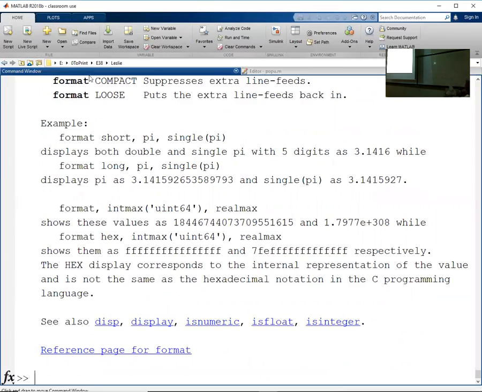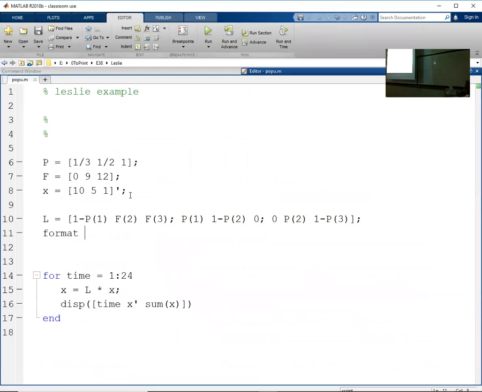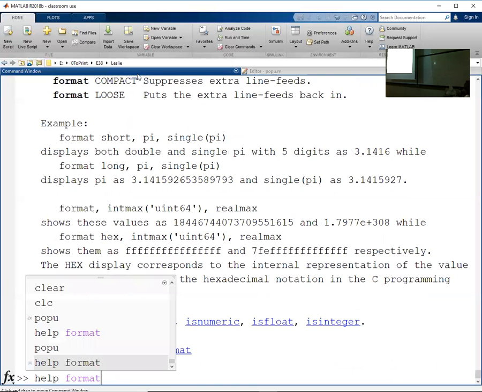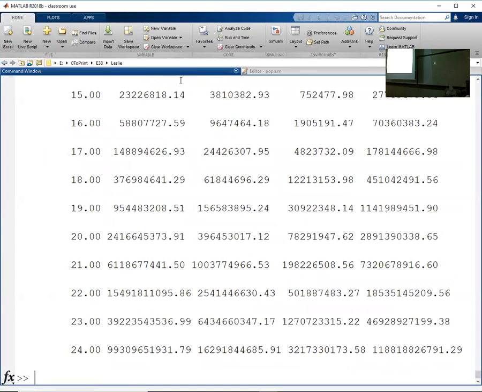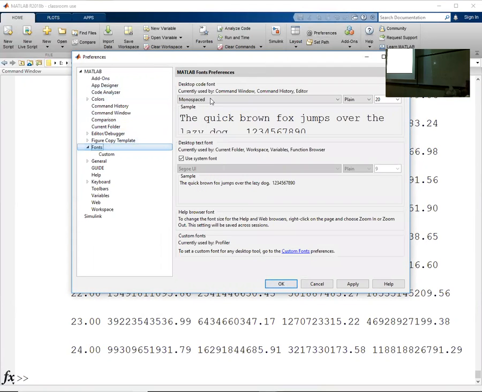When was the last one you tried? Long? Well, you don't want decimals, right? Because the population. That sort of works. You can round it. Yeah, you can round.